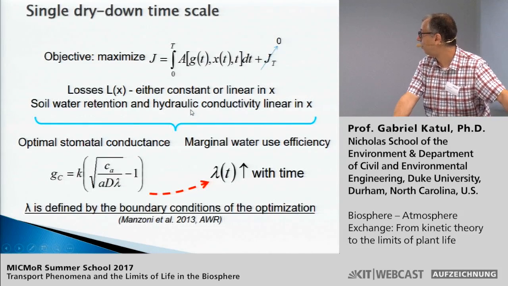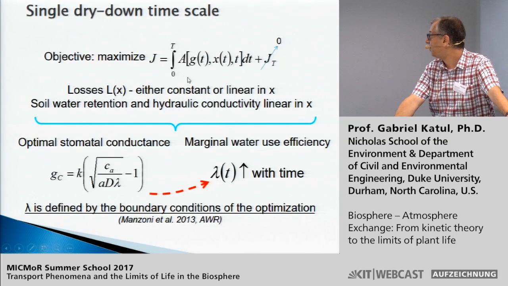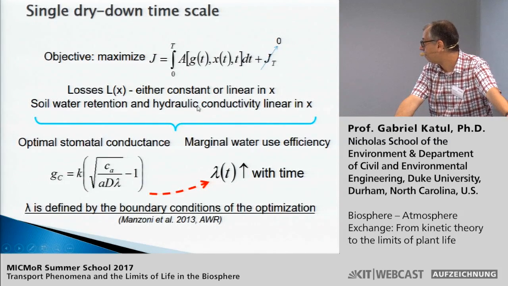And I will not show all the formulations, just to highlight again a few features about this outcome. He actually showed that if you drop the terminal gain, so you don't care about what you leave as water in the rooting zone, and basically you assume that lambda is separated completely from the transpiration rate, the soil moisture content is roughly constant, you recover the classical Cowan-Farquhar approach.